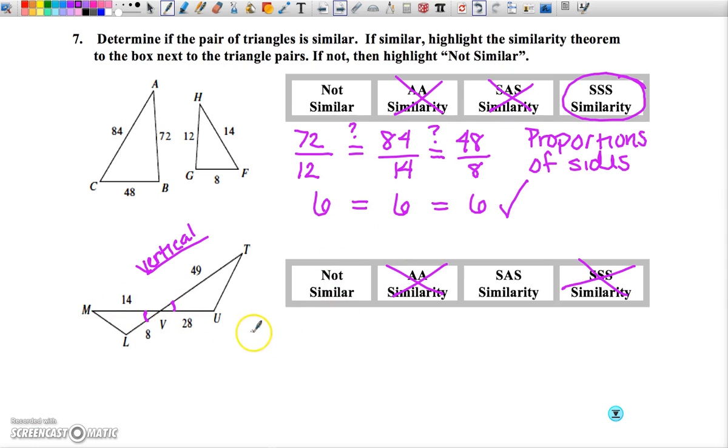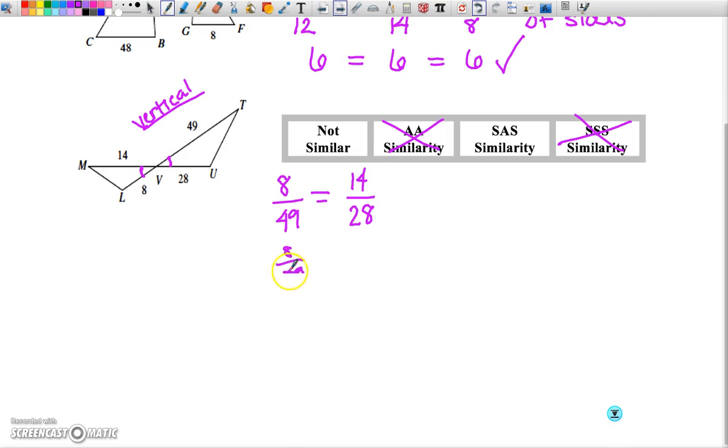So now I'm just going to match these up and see if they work. So 8 over 49, and is that equal to 14 over 28? Well, this comes out to some crazy decimal, so I'm just going to leave it. I don't even know what it comes out to, but this one over here, so this was a 49, that comes out to a 1/2, and those are not the same thing.